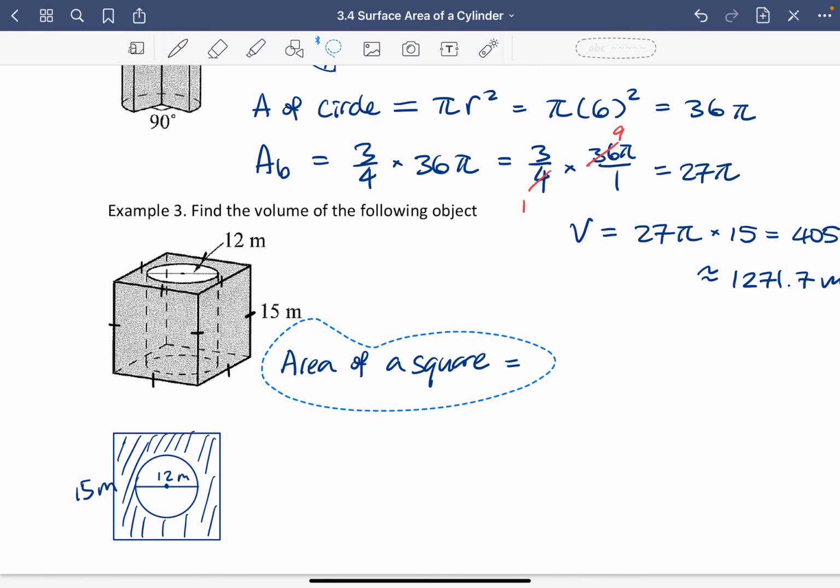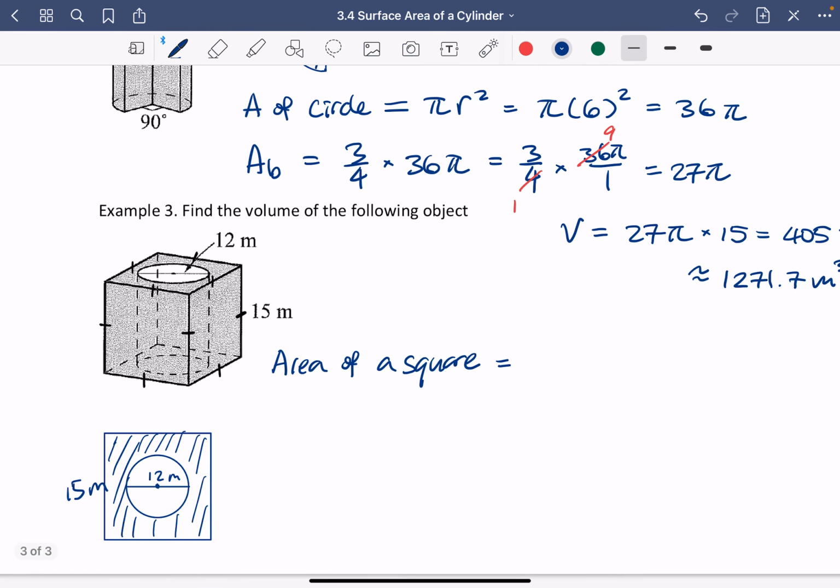Area of square is equal to length squared, so 15 times by 15, which is equal to 225 meters squared.